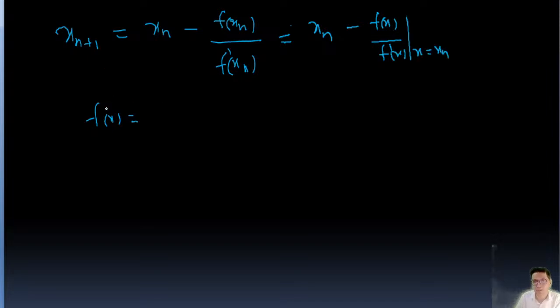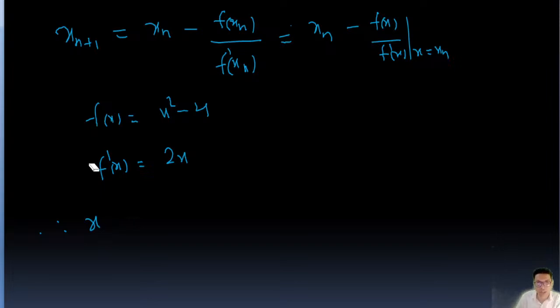So f(x) is given, that is x square minus 4, right? So f dash x is going to be 2x, right? So we can find first x1, that is the first iteration.